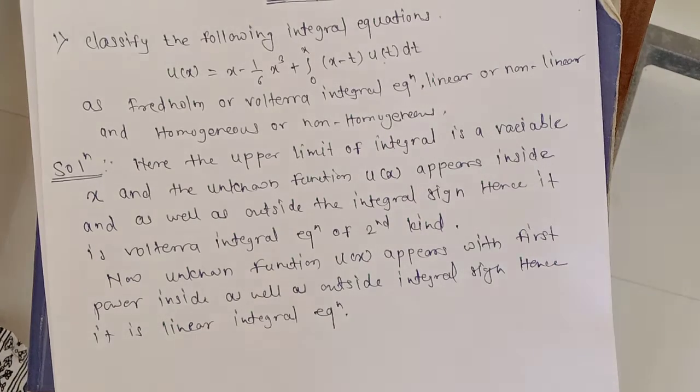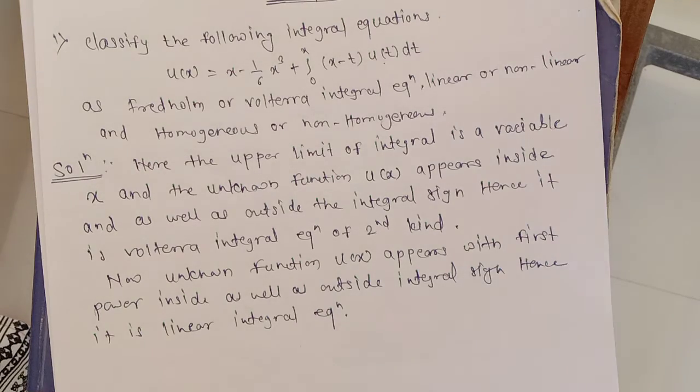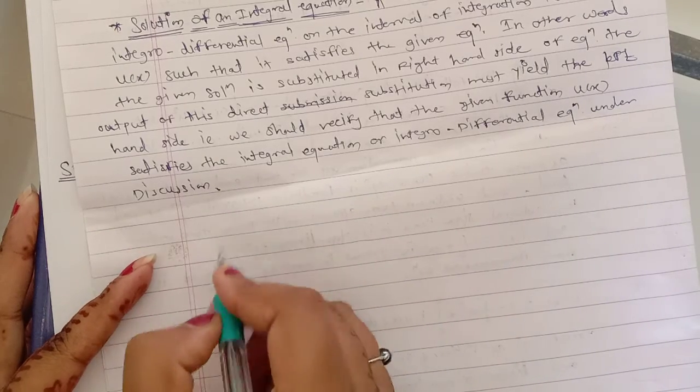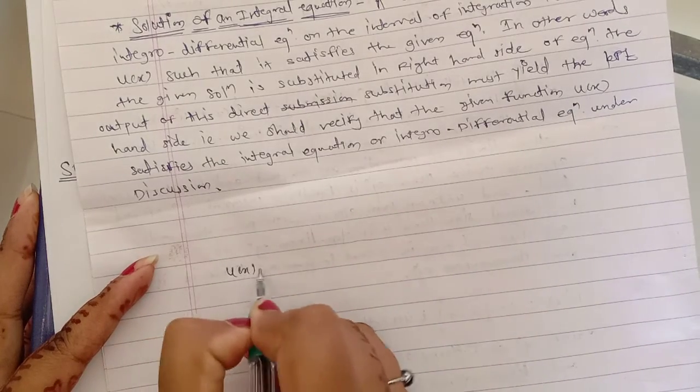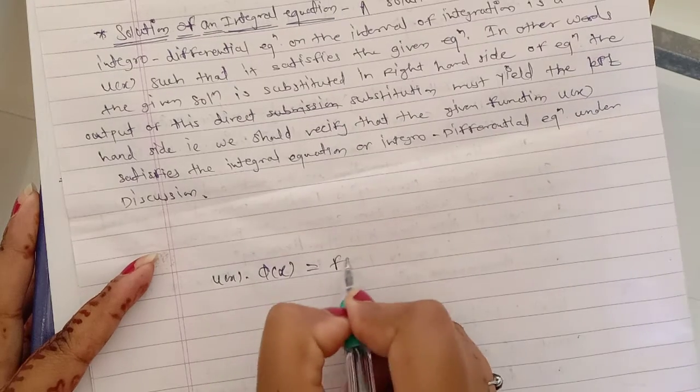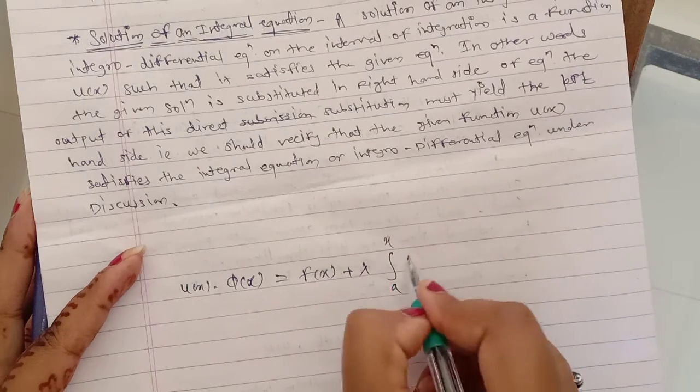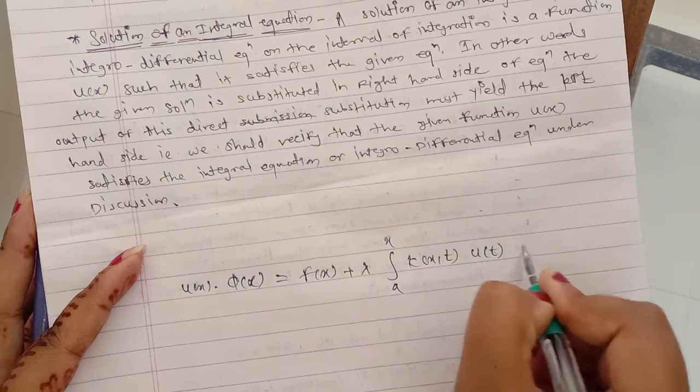A Volterra integral equation is of the form phi of x times u of x is equal to f of x plus lambda integral a to x k of x,t u of t dt.